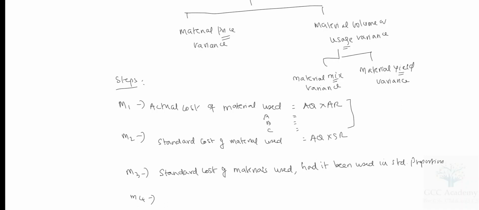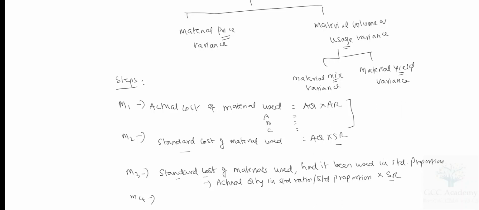The actual quantity in standard ratio or proportion. They will be giving you that standard ratio or standard proportion. Actual quantity in standard ratio or standard proportion into standard rate. So whenever you use the word standard cost, it is standard rate. Clearly understand this.